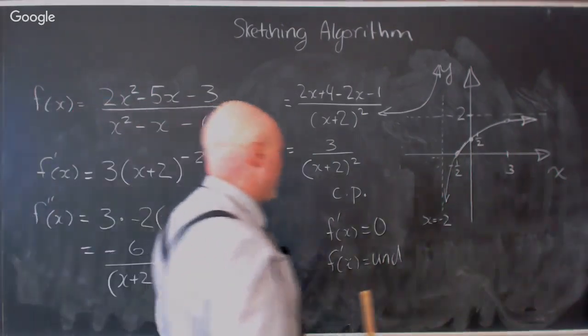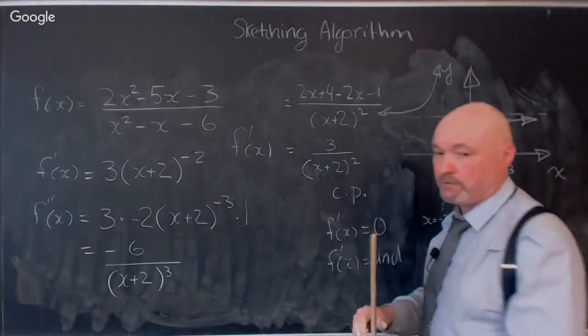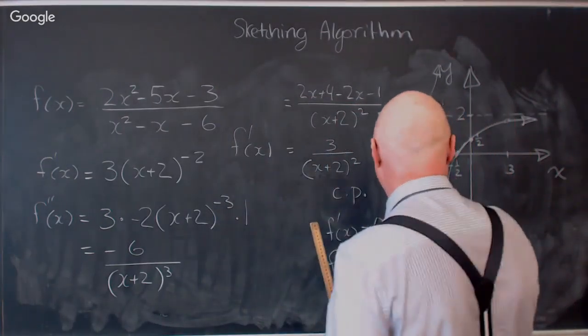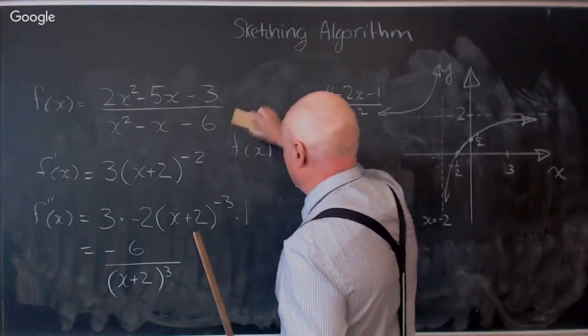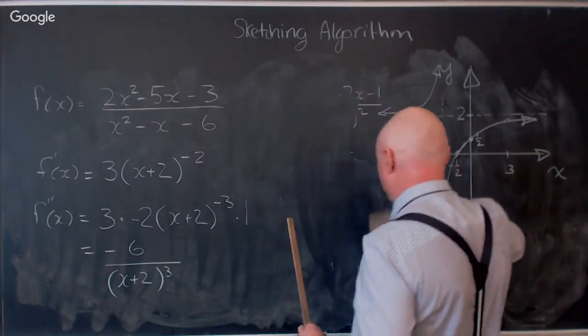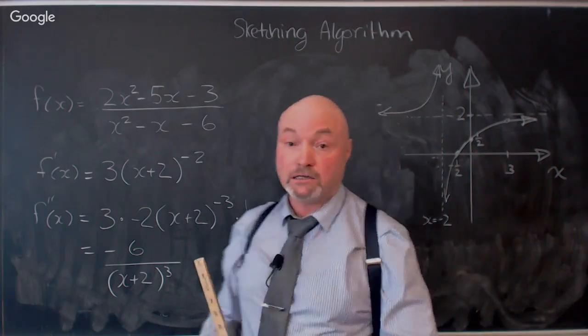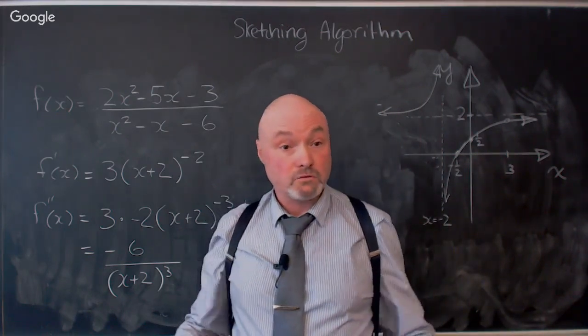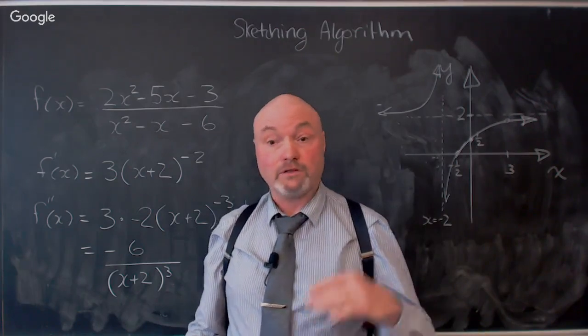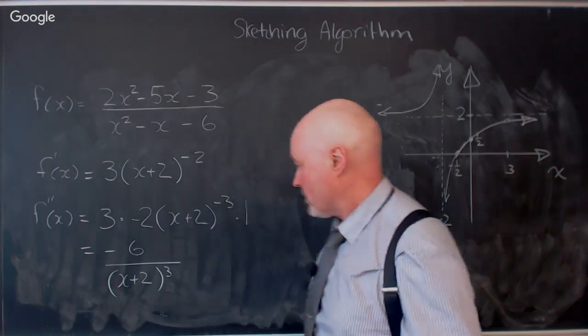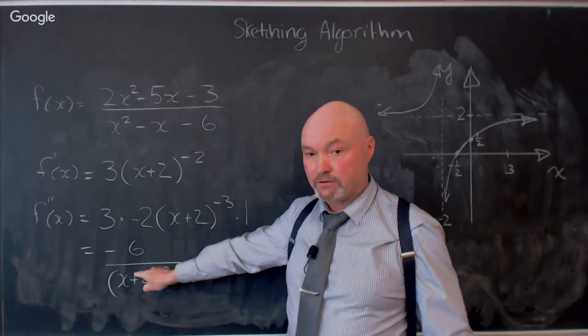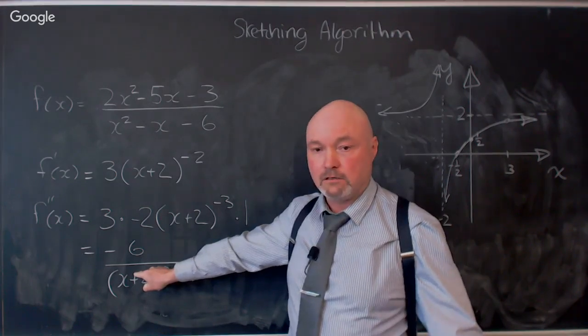So we are going to determine concave up and concave down using this system. The second derivative determines if it's concave up or concave down, and it can switch concavity when the second derivative is equal to 0. And what value of x is this second derivative equal to 0 for?